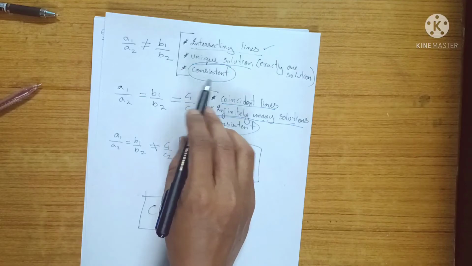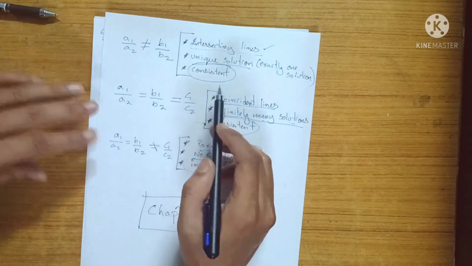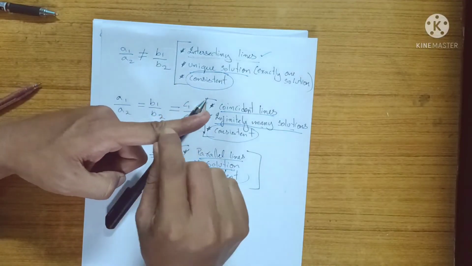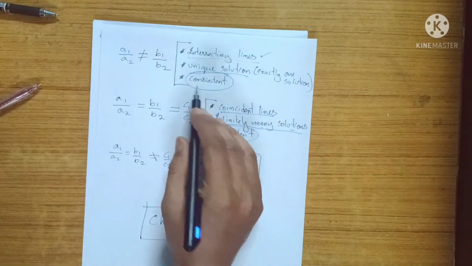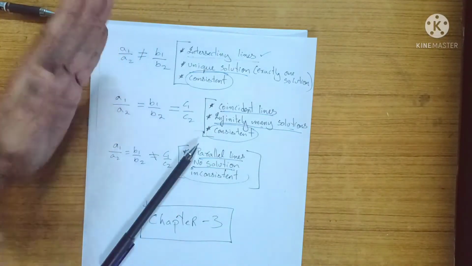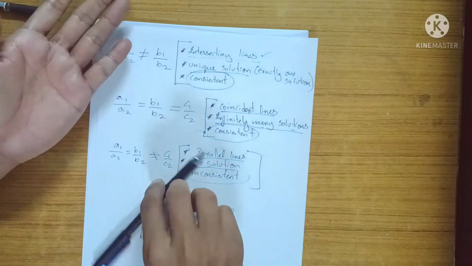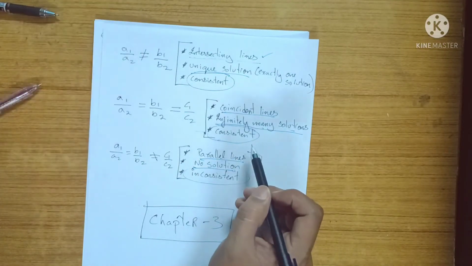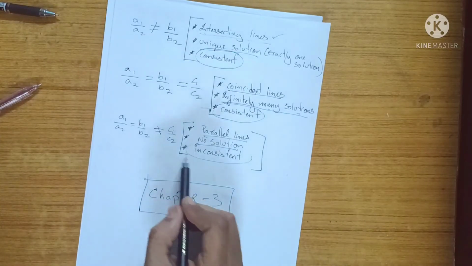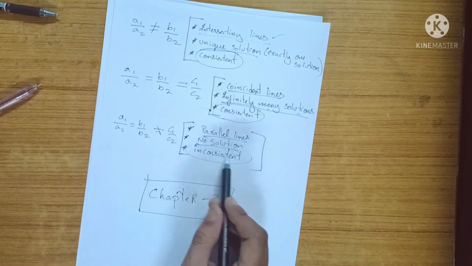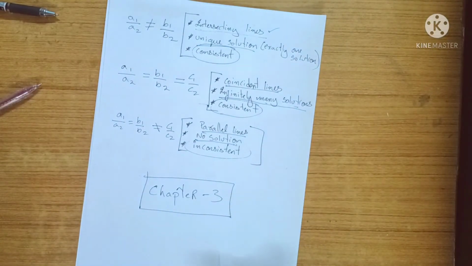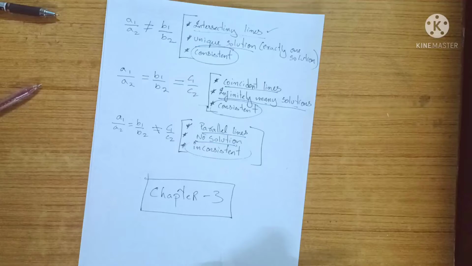It means the two lines are dependent on each other. So obviously intersecting lines, they meet at one point, so that point is the value of x and y, so consistent. Infinitely many solutions, all the points on the line are values of x and y, so obviously it's consistent because they have literally infinite number of solutions. And then parallel lines are inconsistent because they don't have any solutions at all, so they're independent of each other. So that is what it is.